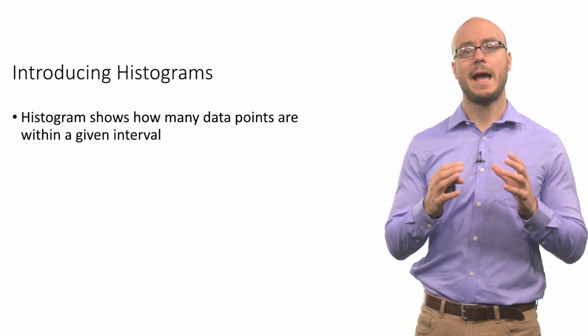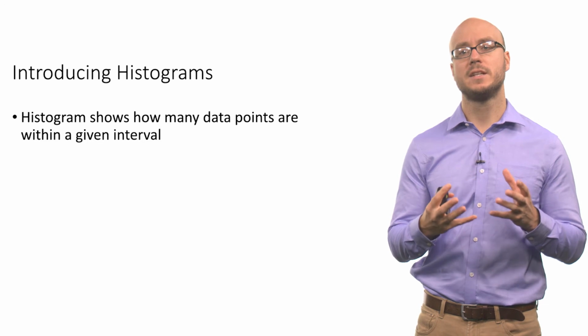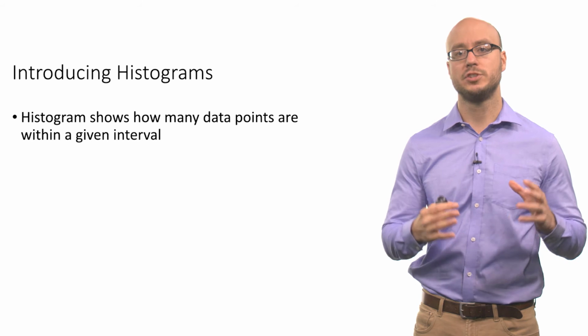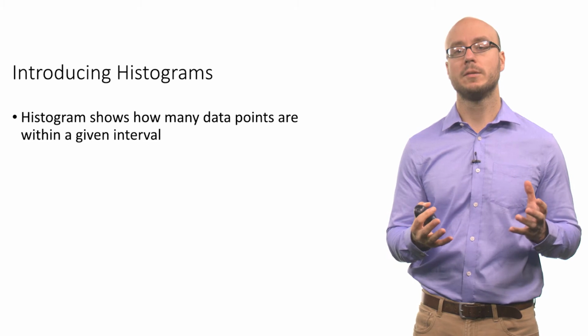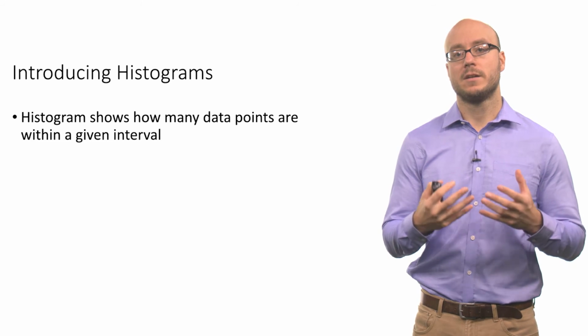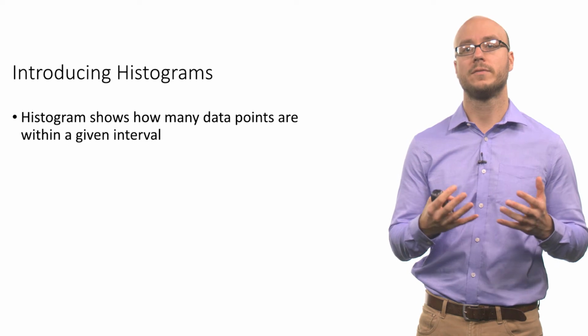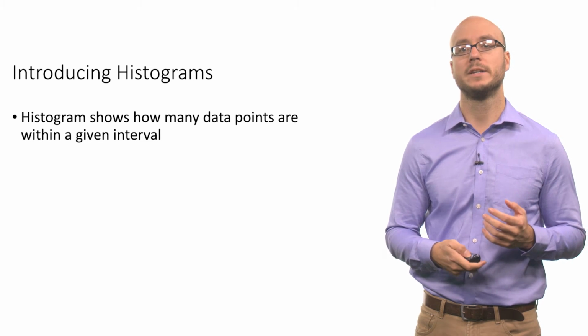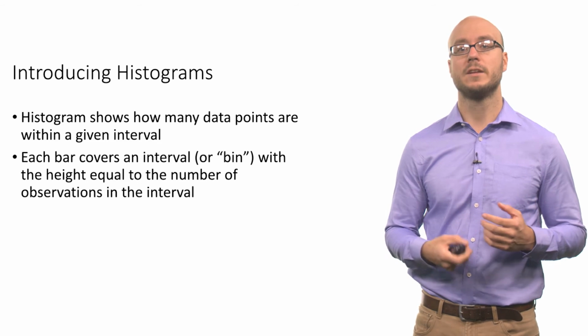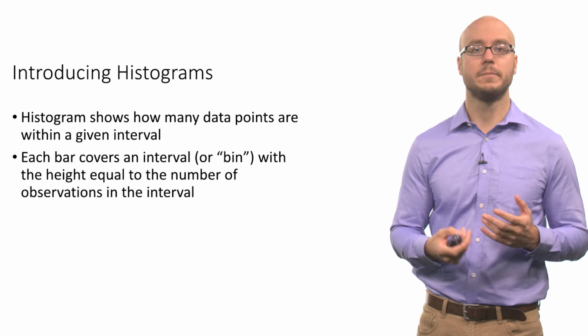They show the number of data points or the density of data points within a given interval. So you can bin a numerical variable based on intervals that really reduce the number of data points that you are representing in your histogram or in your plot.